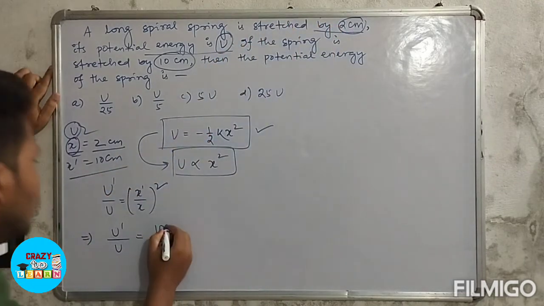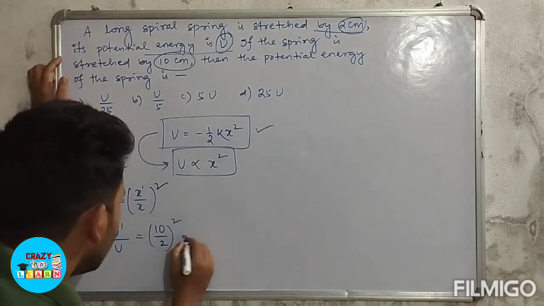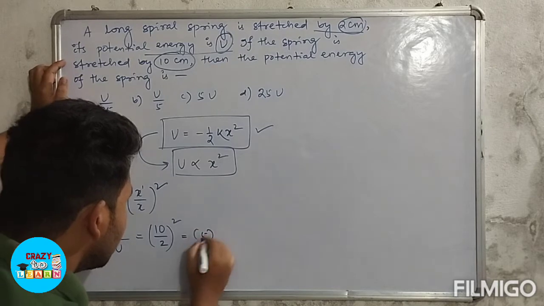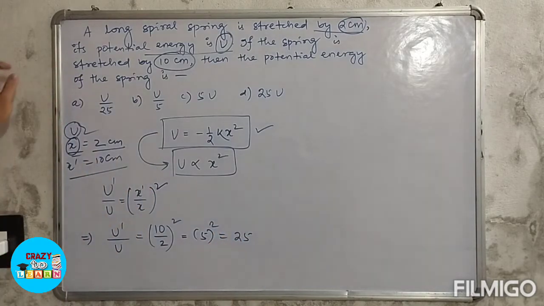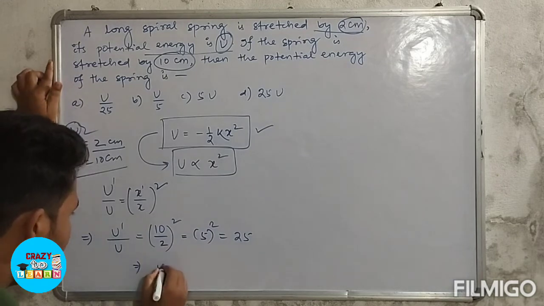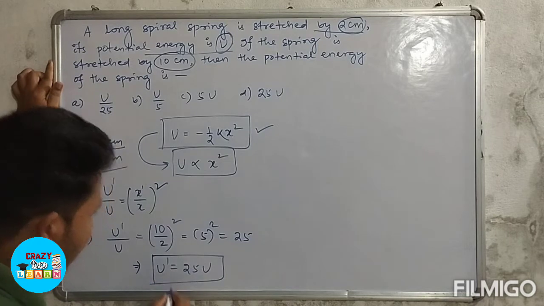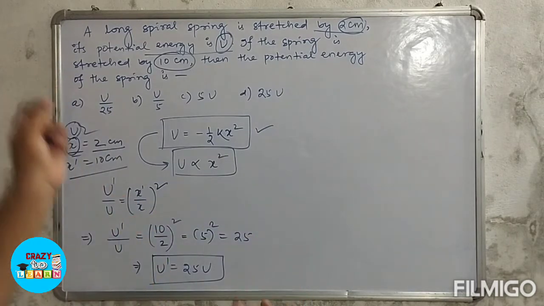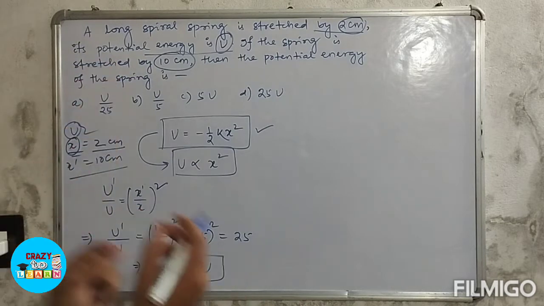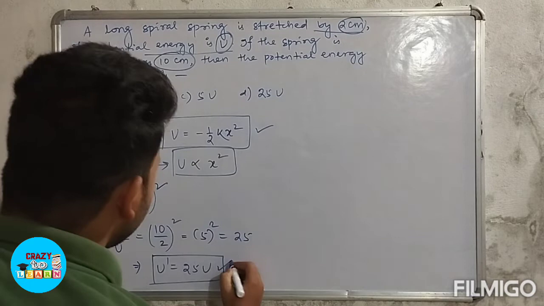So 10 by 2 whole square, which is equal to 5 square, which is equal to 25. So U dash will be 25 U. That means when the spring is stretched by 2 cm the potential energy is U, and when that spring is stretched by 10 cm the potential energy will be 25 times.